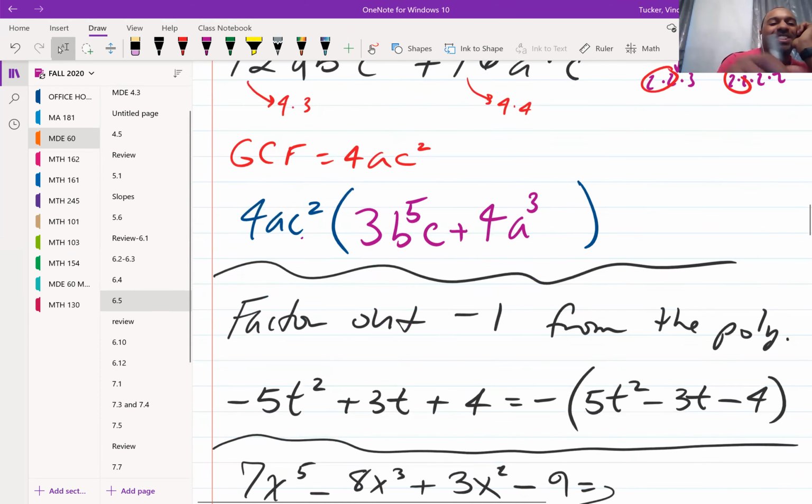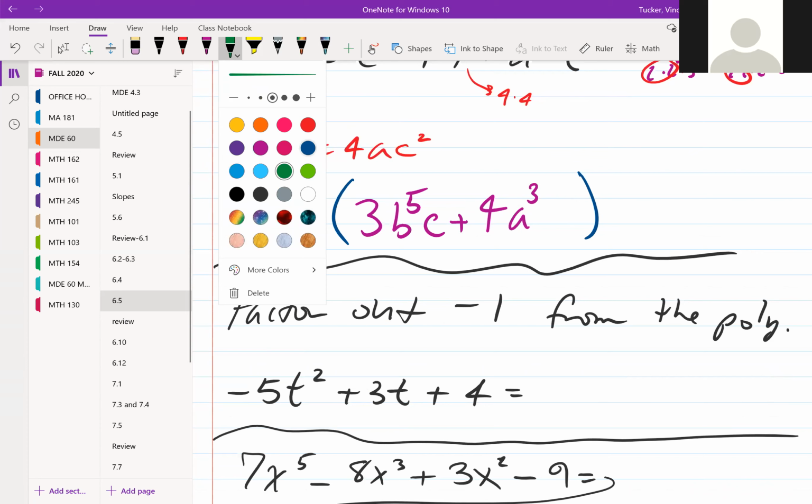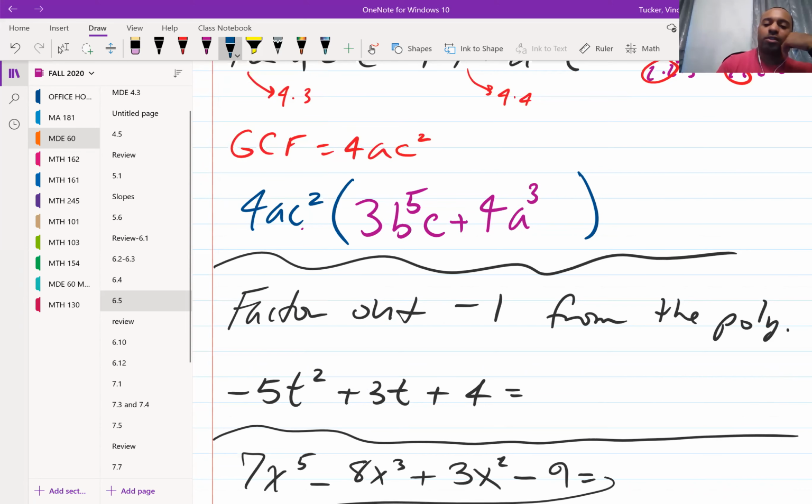All right, so let's do this. Same color scheme. All right, so this next one, they say factor out a -1 from the polynomial. So they're already telling you they don't want you to do anything else but factor out that -1. So you pull a negative from each term.